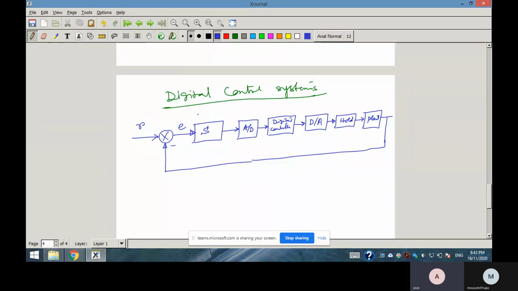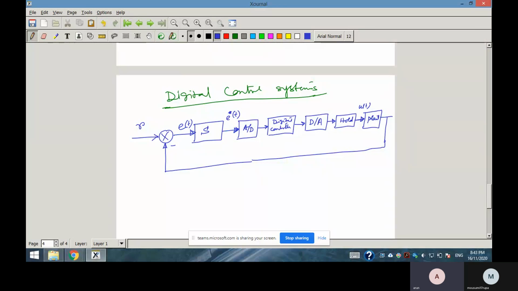Now you can see here e(t), a continuous time signal, is getting sampled. The sampled signal is represented as e star, and u(t) is the control effort to the plant. So the tracking error is sampled, and then the sampled signal is converted into a digital signal using the AD converter.